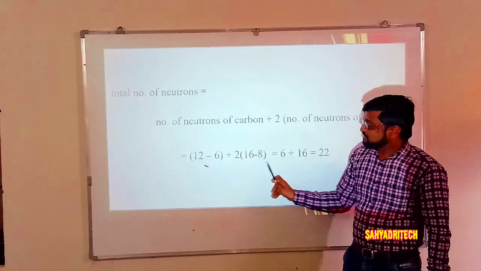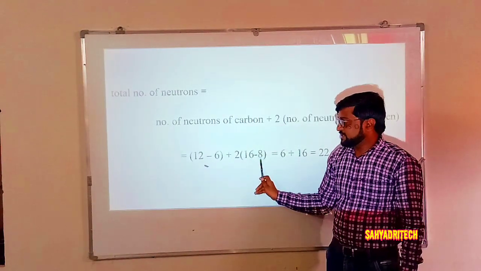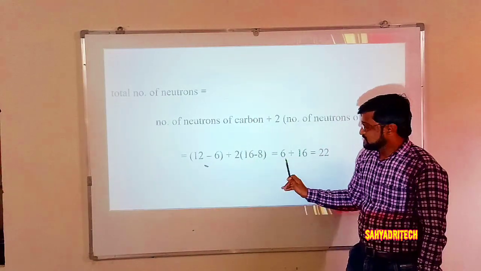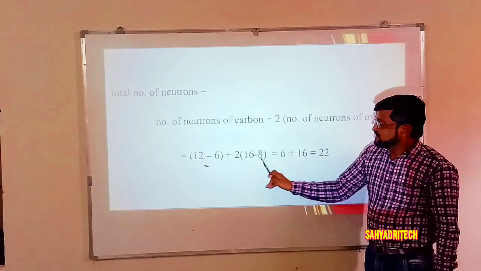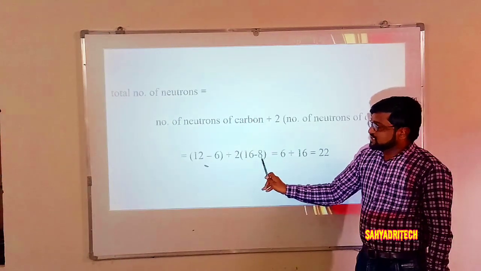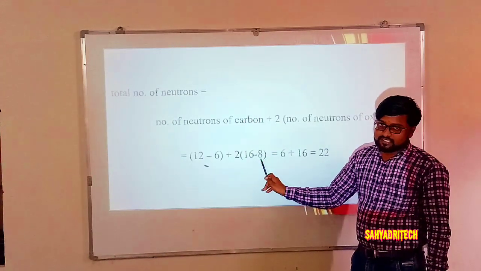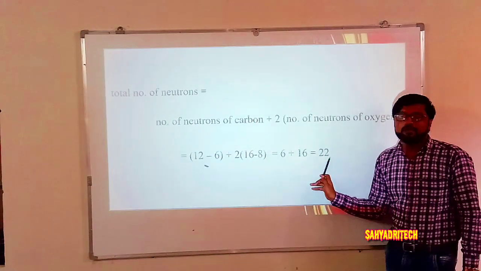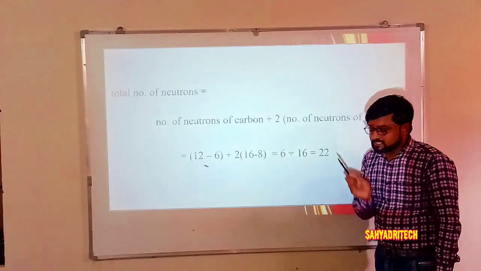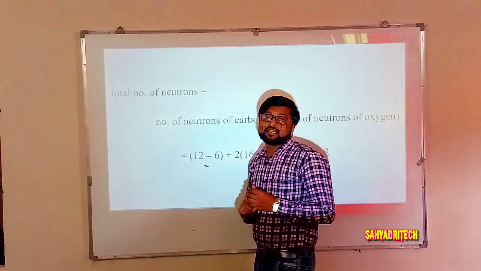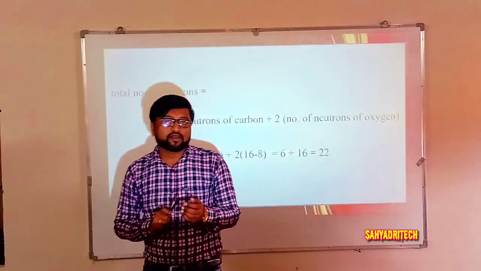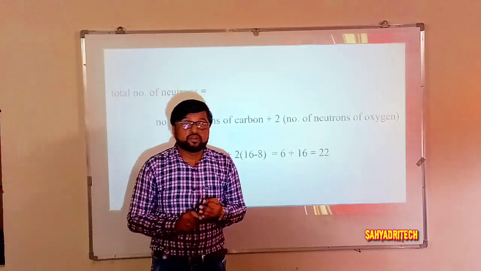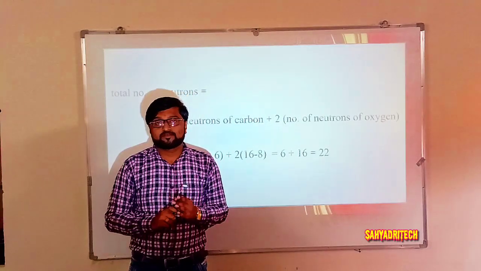For oxygen, mass number 16, atomic number 8, so 2 into the bracket 16 minus 8. So 12 minus 6 is 6, plus, 16 minus 8 is 8. 8 into 2 is 16. So 6 plus 16 is again 22. So overall, a molecule of carbon dioxide contains 22 protons, 22 electrons and 22 neutrons.